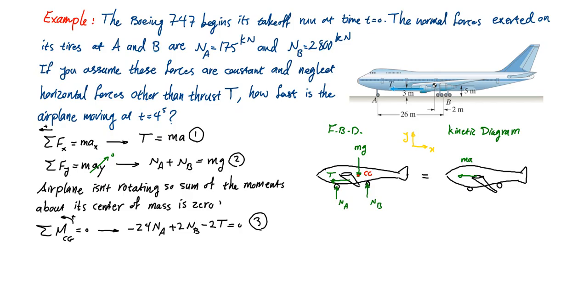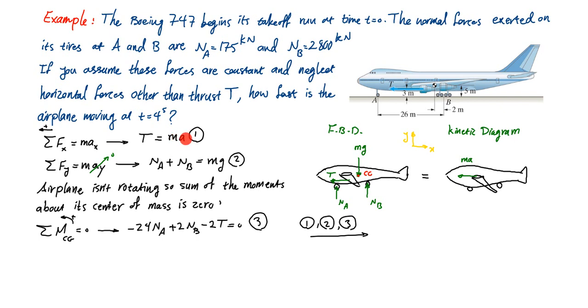Now I have 3 equations and 3 unknowns. My unknowns, what are they? They are T, the thrust force that I don't know, the acceleration that I don't know, and the mass of the structure. So if I write it this way, you can solve these equations. You can find one value from here.